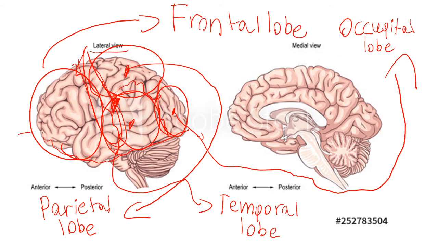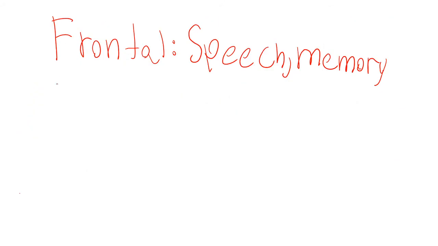Let's start with the frontal lobe. This is a recap. The frontal lobe is associated with speech and memory. I'm going to go to the temporal lobe.